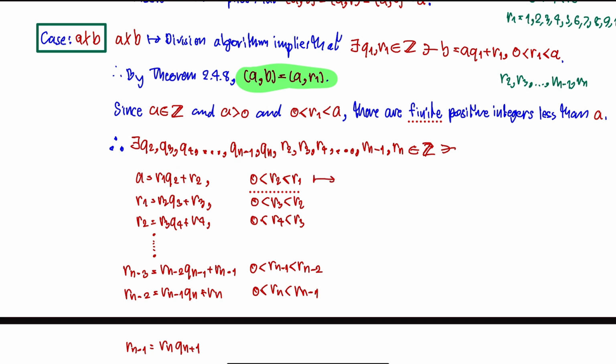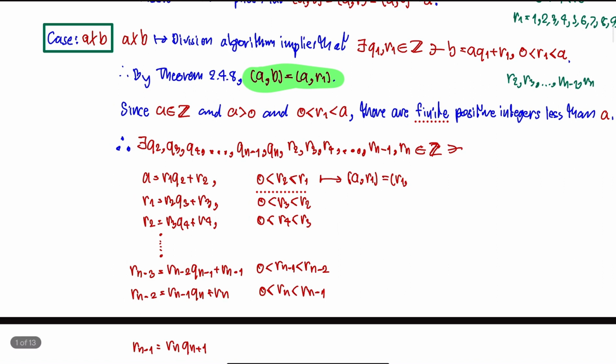According to Theorem 2.4.8, when you divide A by R1, we gotta have the greatest common divisor of R1 and its remainder R2.